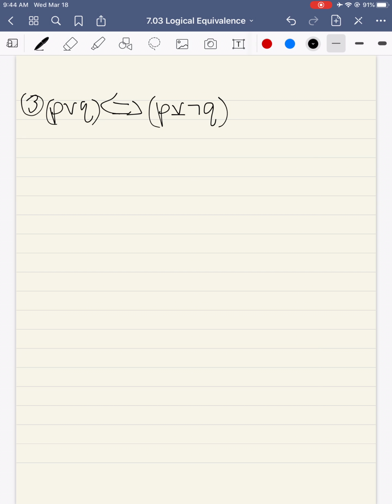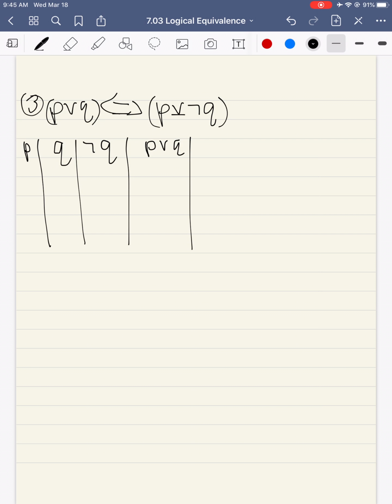So this is going to be a pretty big truth table just because we have a lot of quantities going on here. So again, we're just going to start with our P, Q, then we're going to do not Q, and then we're going to do P or Q, our first quantity, and then we're going to do, excuse me, we're going to do this as exclusive or.